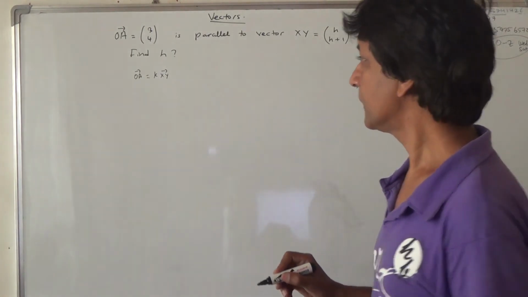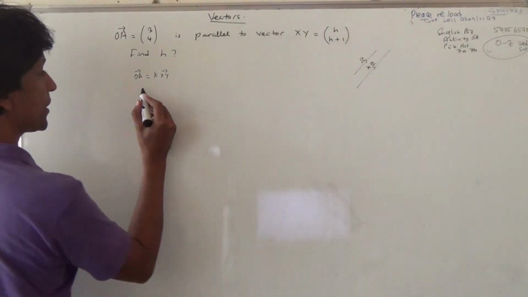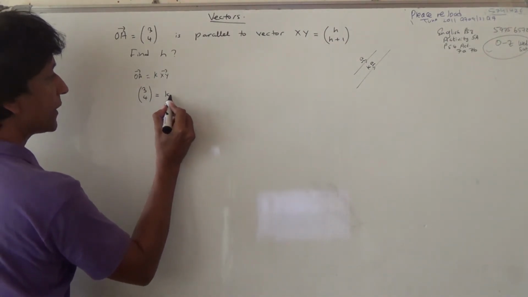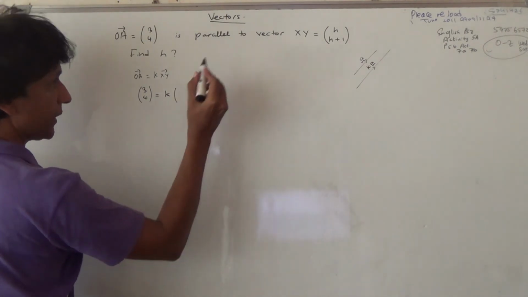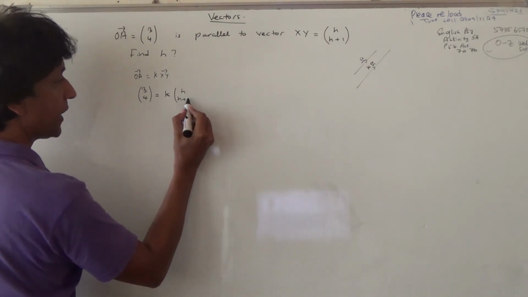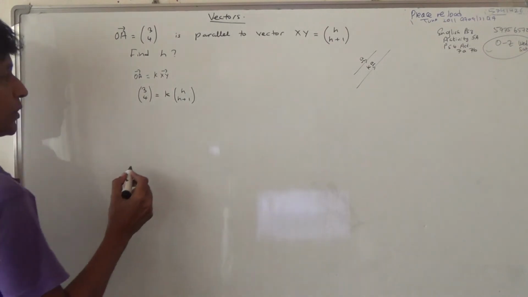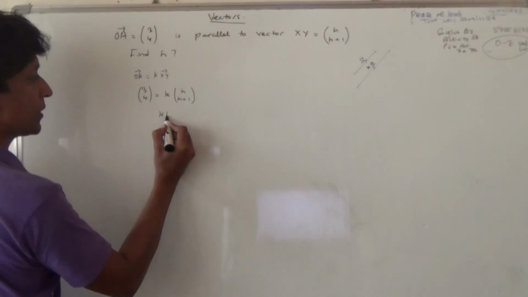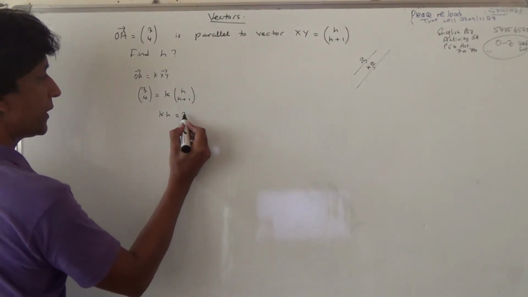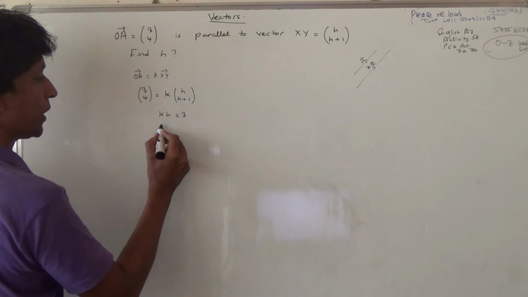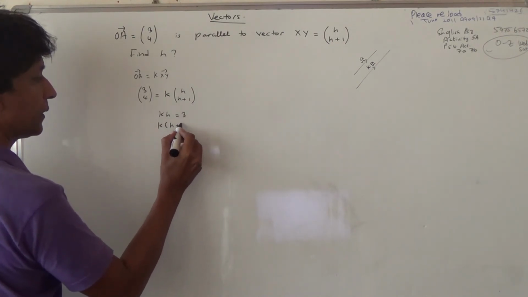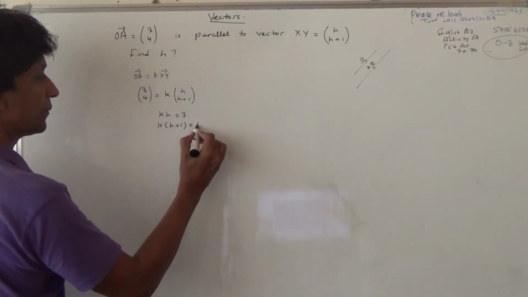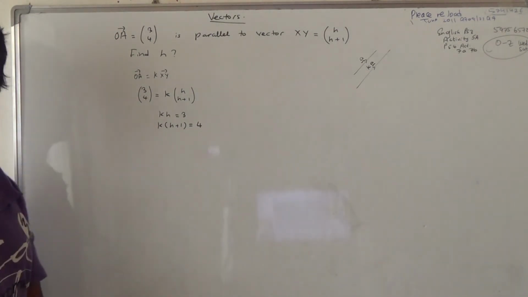Therefore I have OA, which is (3, 4), equal to k times XY, and XY is (h, h plus 1). So h times k is kh, and that is equal to 3, and I have k times (h plus 1) equal to 4. Now from here, what can we do?